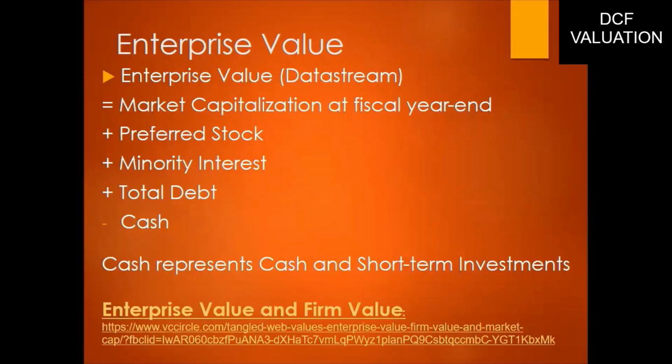Those are the different claims to the company's assets. Minus cash. Cash here represents cash and short-term investments, which may include some marketable securities, commercial paper, and money market funds.